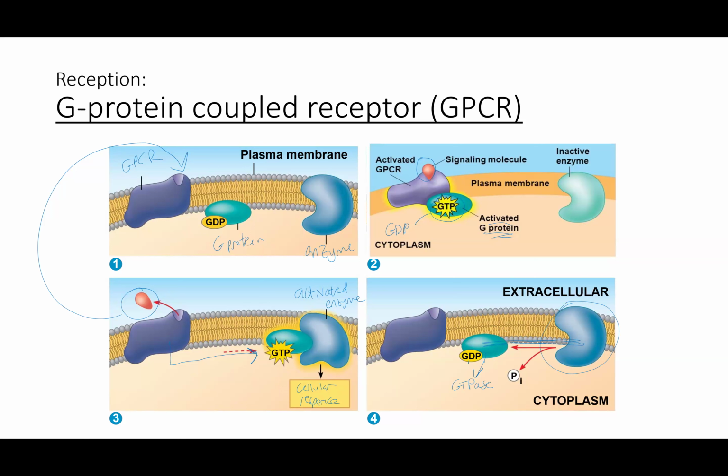So it's going to remove the GTP and bond a GDP to it. And that is going to make it inactive. And that also can be recycled to use again up here. So I just felt like that diagram was confusing because of all the weird stuff that was going on. So that's a quick review of that.